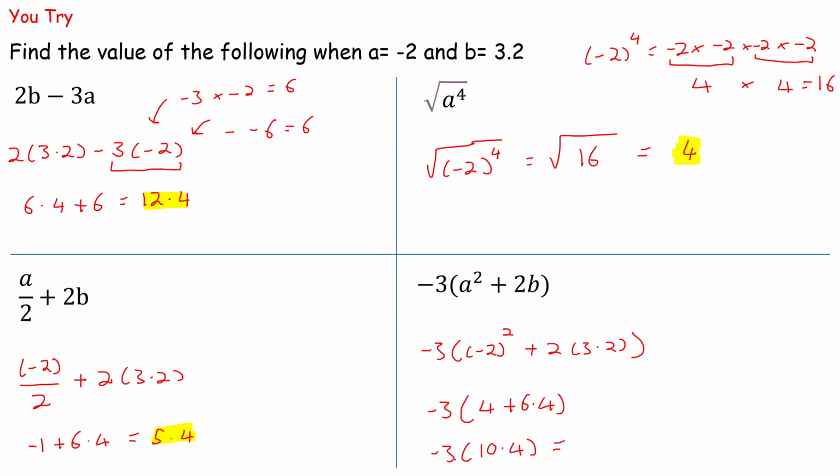So this really means numbers grouped together in maths means we're doing negative 3 times by 10.4, which is equal to, well, 3 times 10.4 will give you 31.2, but it's negative 3 times 10.4, so it's going to give you minus 31.2. 31.2 is your answer for this one. So minus 31.2 is your answer.